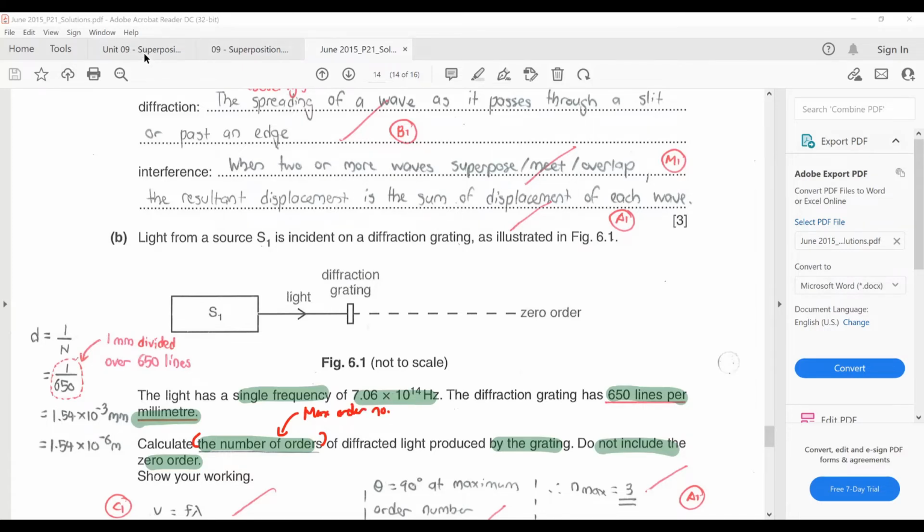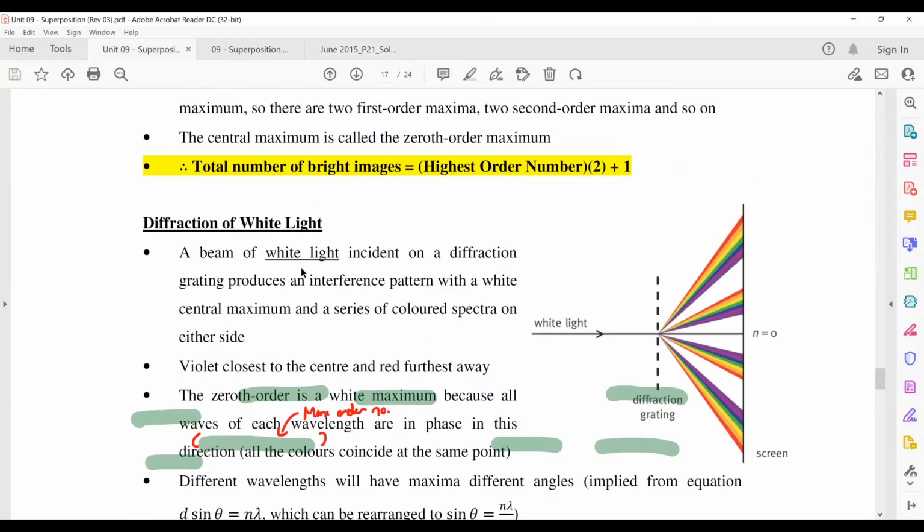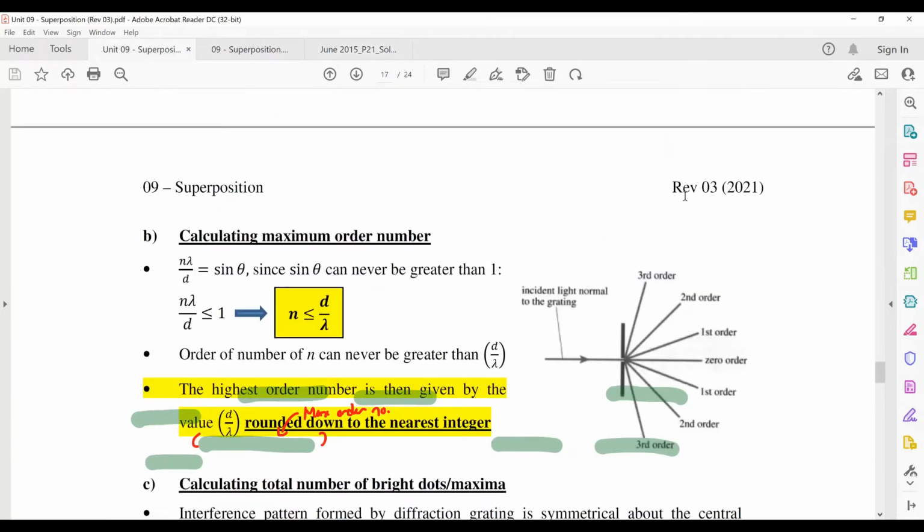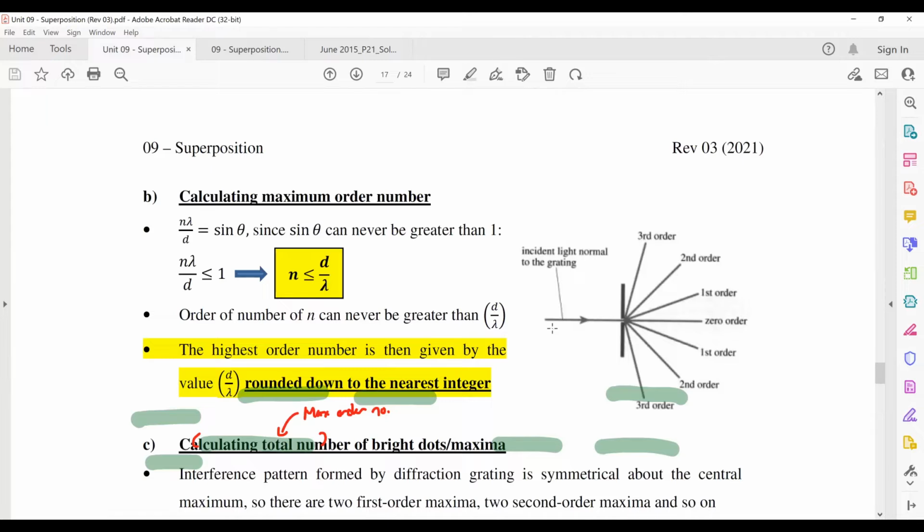In the notes under page 17, I mentioned to you, if you have a diffraction grating and light is shone onto it, that light will tend to split up like this. These lines here represent your lines of constructive interference, such that if you place a screen at the front, that's how you end up looking at the dots on the screen.